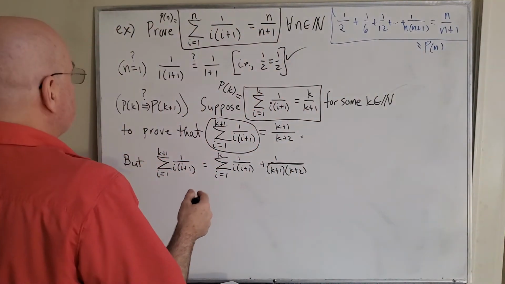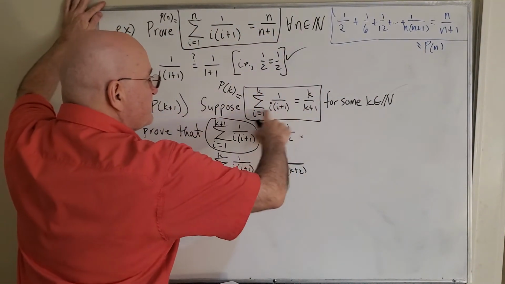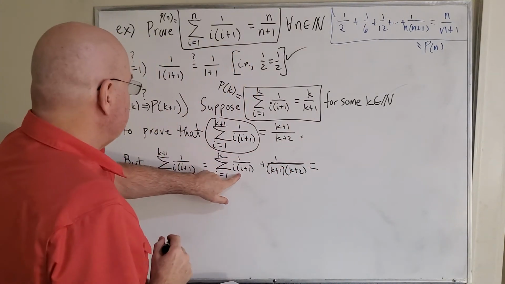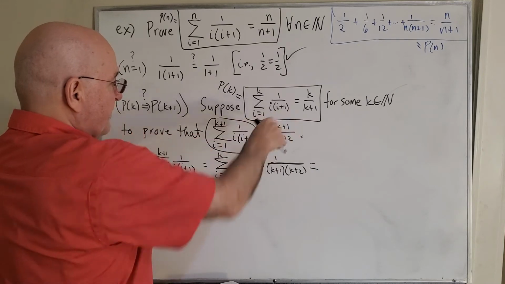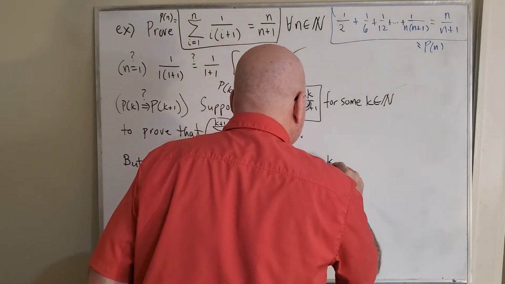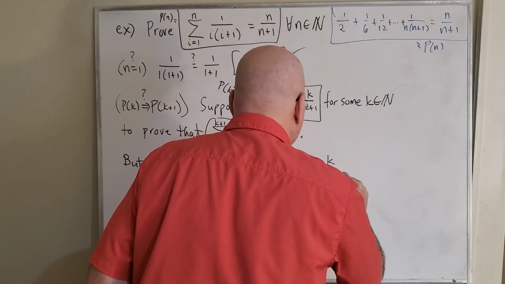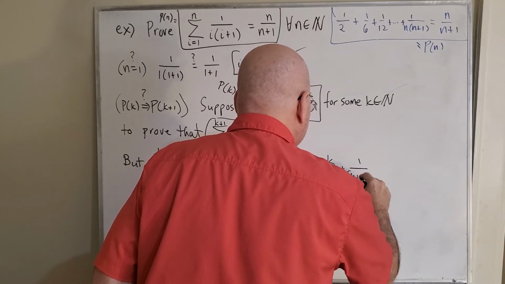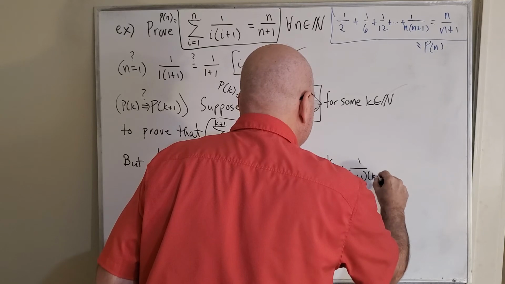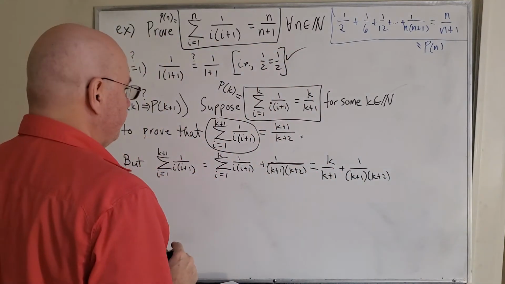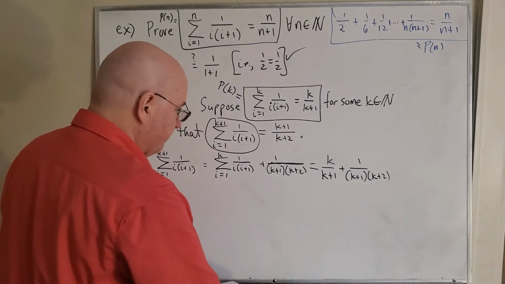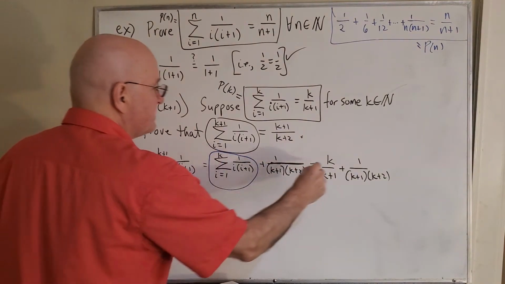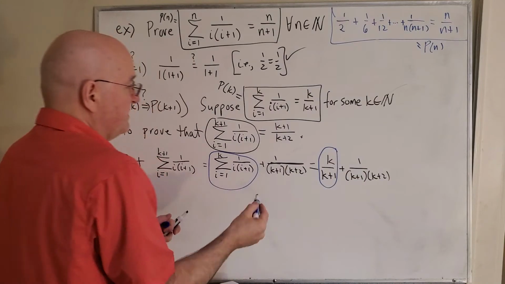And by the induction assumption, the fact that we're assuming this is true, what is this equal to? k over k plus 1, plus 1 over k plus 1 times k plus 2. So all I did is use the inductive hypothesis, the inductive assumption, that those two things are equal.